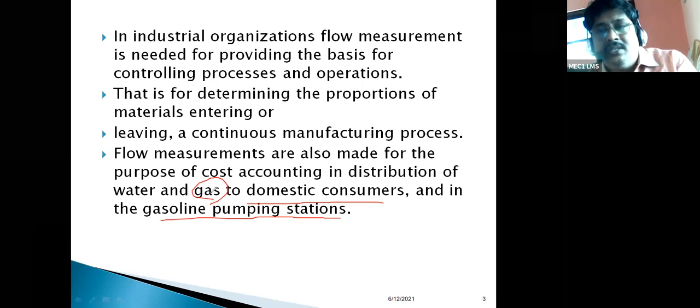They will manufacture the cylinder in such a way that the pipe coming out from the gas should have a particular diameter, so that there is a fixed flow rate of gas into the stove.